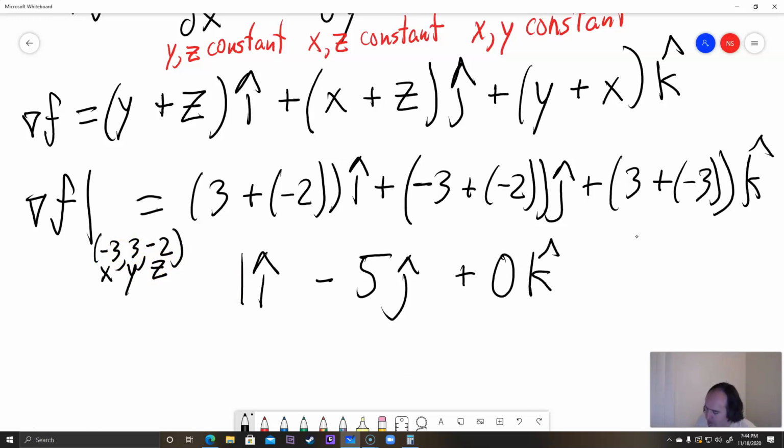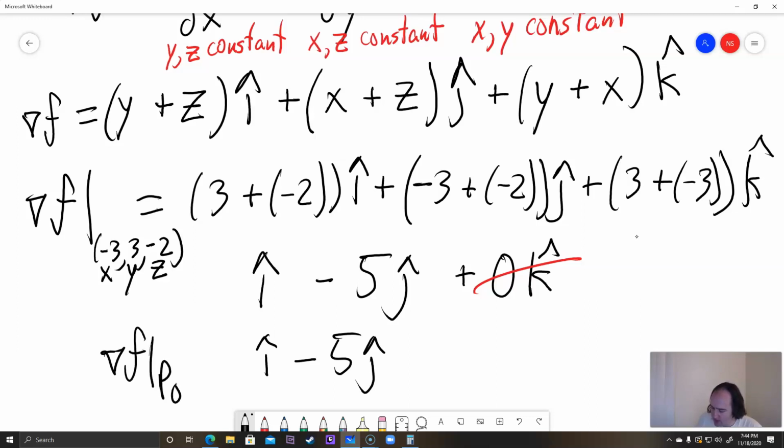So 1 times i is just i. And for the 0k, we don't need to write that. So here our gradient is actually just going to be i minus 5j. And that's our gradient of f evaluated at P naught.